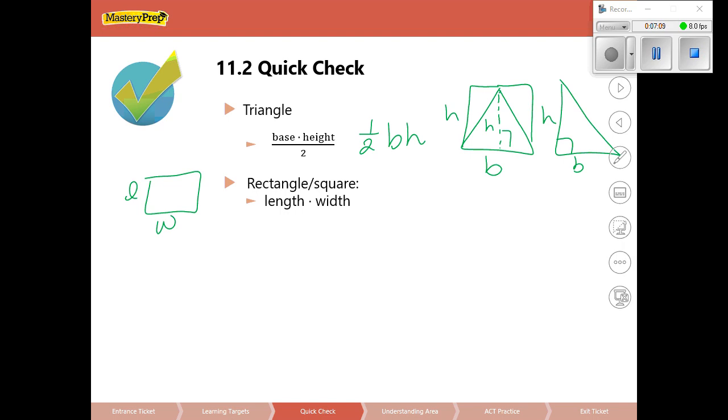All right, are we ready for a tricky one? Parallelogram. I can draw a picture of a parallelogram, kind of like this here. Parallelograms have two sets of parallel sides. The area is base times height, same thing.